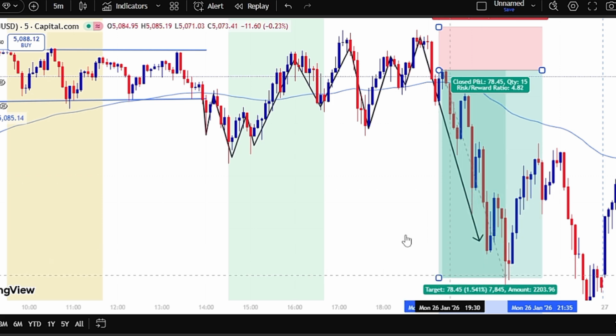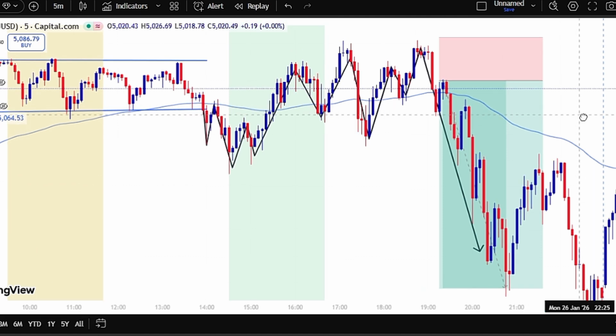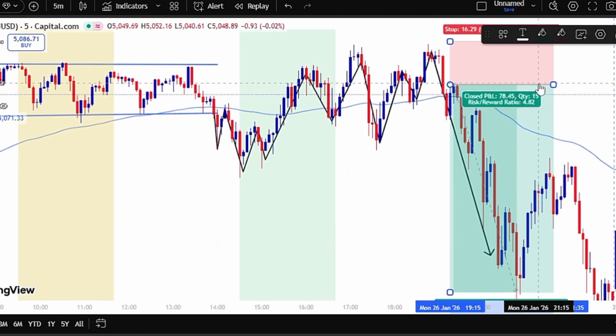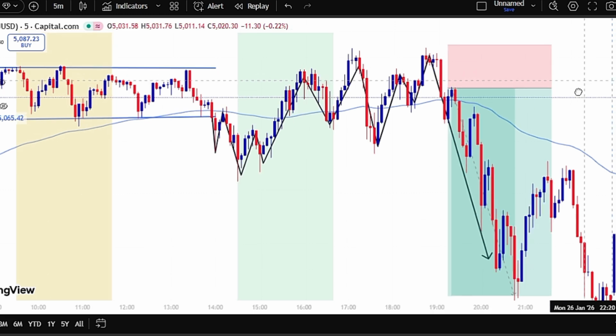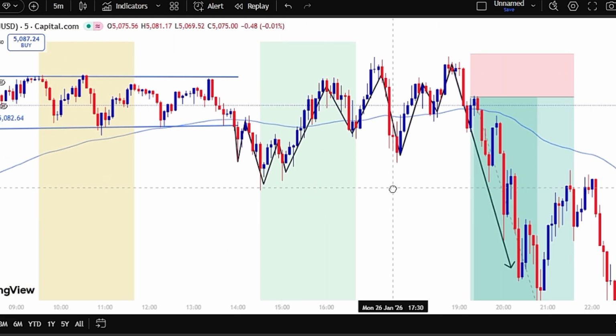Imagine what you would have had. This is actually one to four, because you can see this is actually four times your risk. And this is actually a perfect trade on gold, on the 5 minutes, if you're able to catch this.